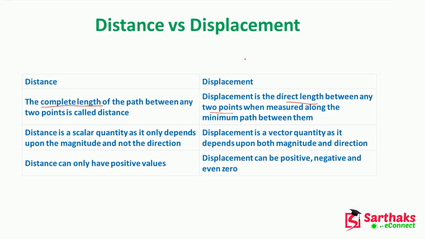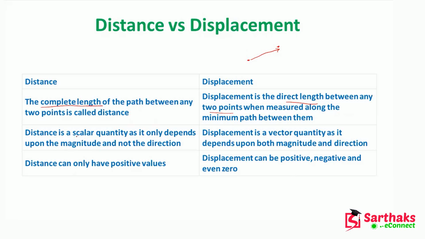What we have done, started journey from here and the final position is here. So this is the direct point, right? So that was the displacement. So displacement is the direct length between any two points when measured along the minimum path between them.